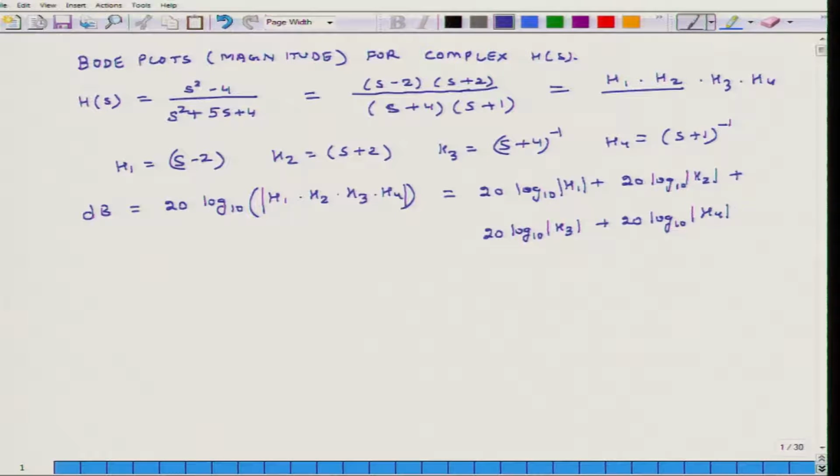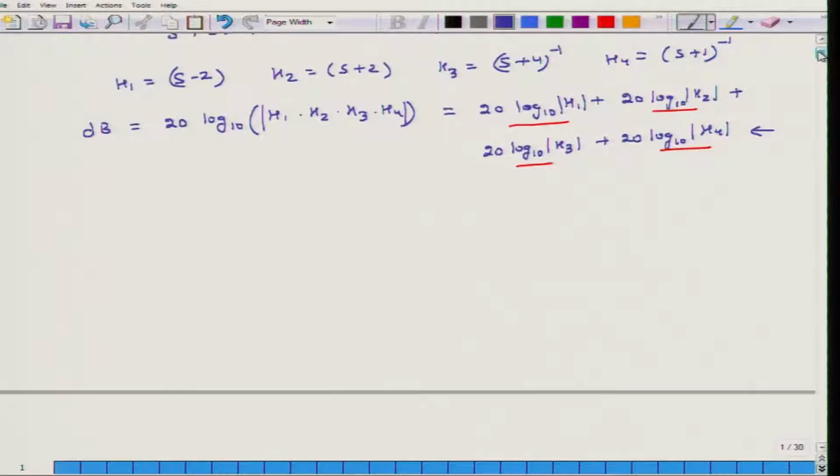If there are several individual transfer functions that I have multiplied up, then the overall transfer function Bode plot, because we are doing it on a log scale, is just the sum of individual Bode plots. So, our aim will be to develop Bode plots for each of these individual factors, and once we are able to do that, we just add them up and develop the final plot. We will do these one by one.